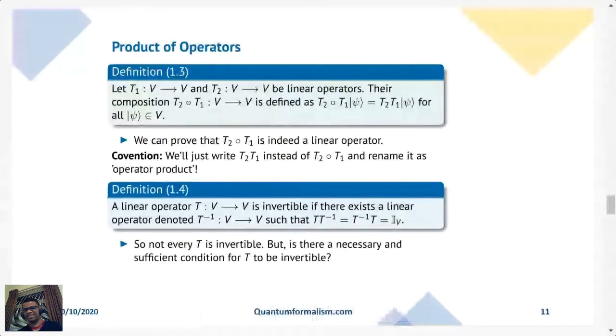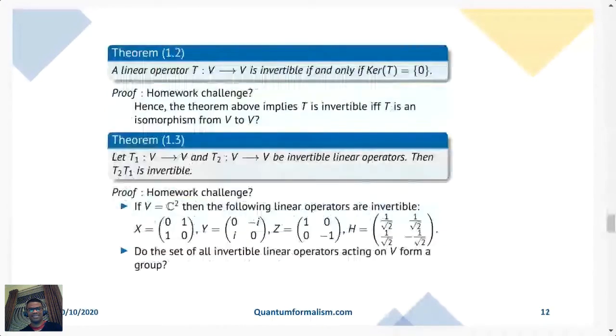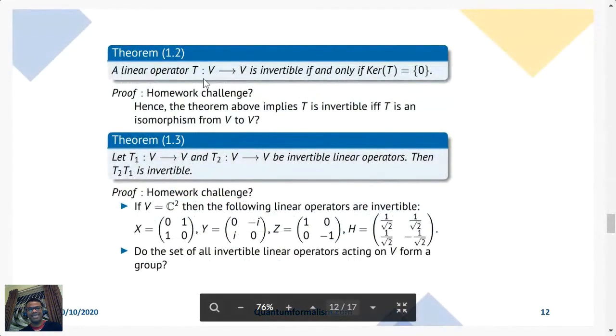Yes, bijectivity, that's indeed well done. That's a condition to satisfy this. Another way of saying it is: a linear operator T is invertible if and only if the kernel is 0.